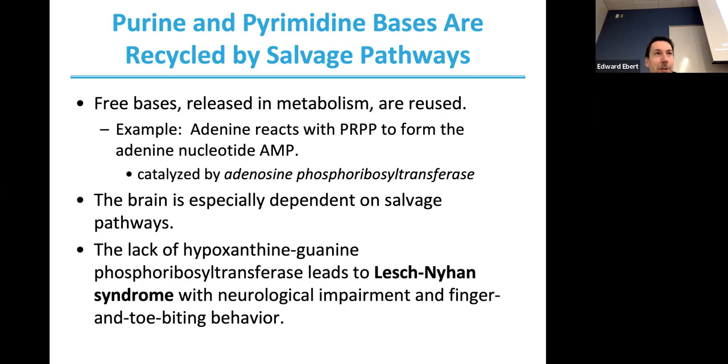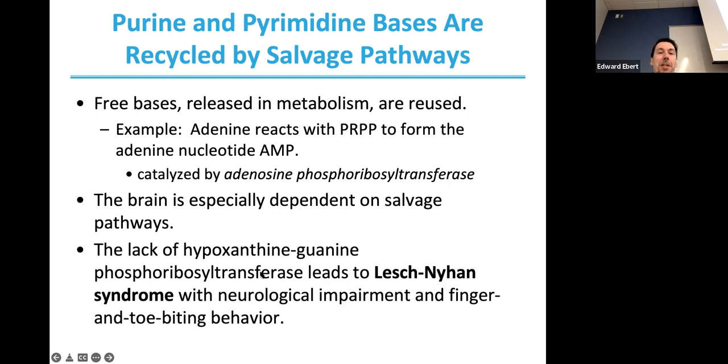It's early onset, so you'll see this in children. There's neurological impairment, but they exhibit a particular phenotypic activity of finger and toe biting. They will literally chew their fingers and toes off. I'm not sure why that happens, but it results from this lack of this enzyme.